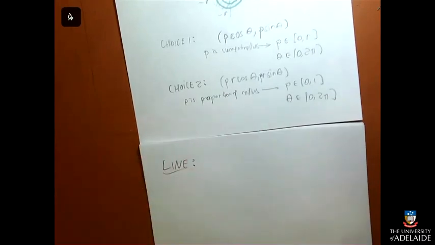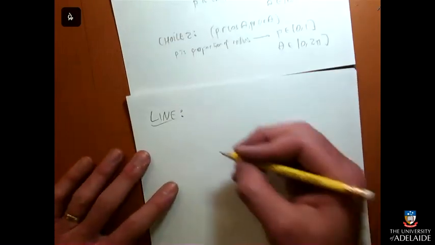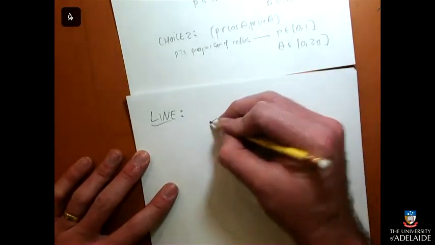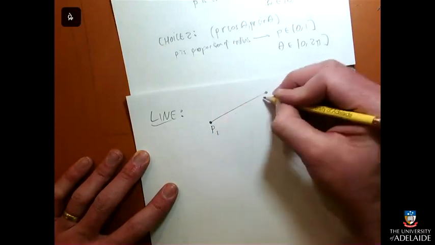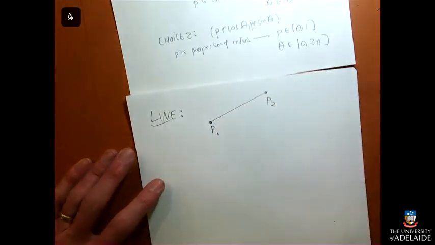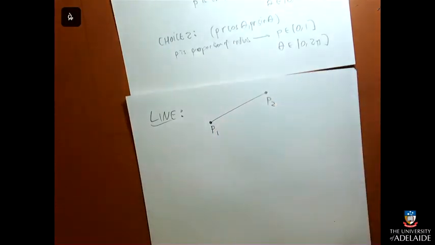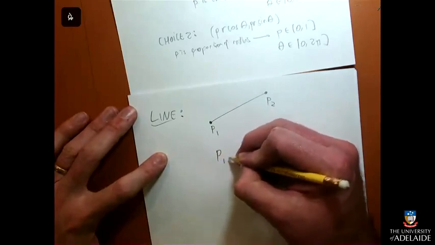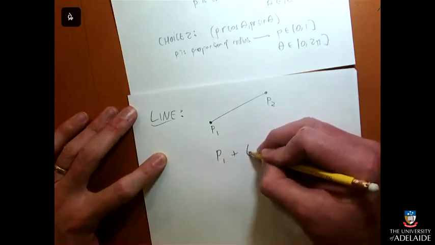So the third one that's important is a straight line. So a straight line that joins 2 points. I'll just do it as an example. This is point number 1, this is point number 2. The straight line that joins those 2 points, well, it starts at point 1 and then you go some percentage.